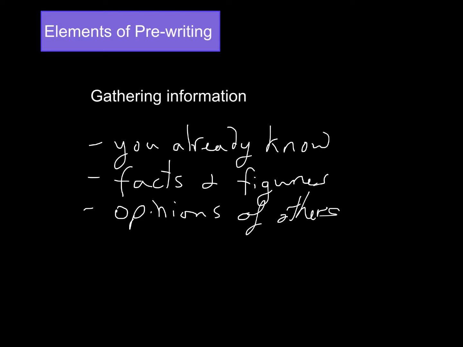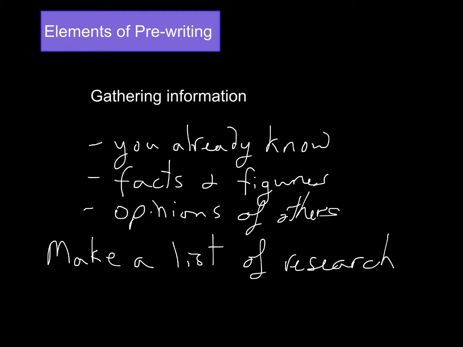Make a list of possible research sources, which could include other people, textbooks, internet sites, government agencies, and so on. And as you conduct your research, make notes, and be sure to record where the information that you've noted came from so that you can properly cite it later.